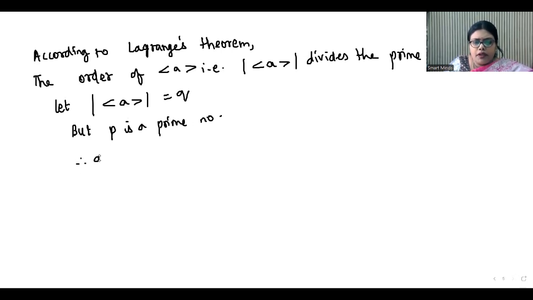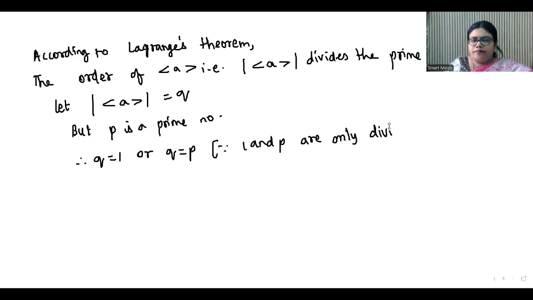Therefore, Q is equal to 1 or Q is equal to P. Why? Since 1 and P are the only divisors. Divisors means factors of P. A prime number has only 2 factors, 1 and itself.